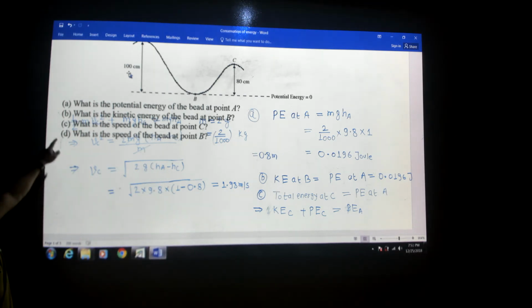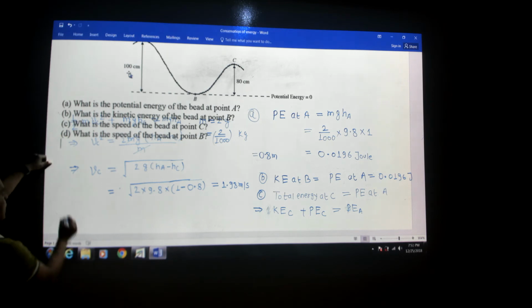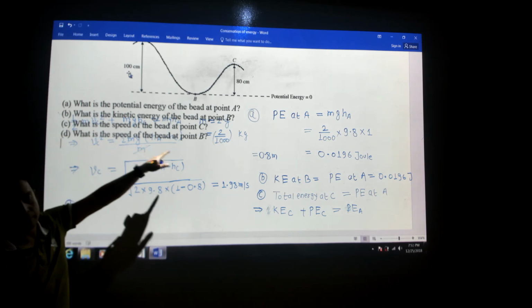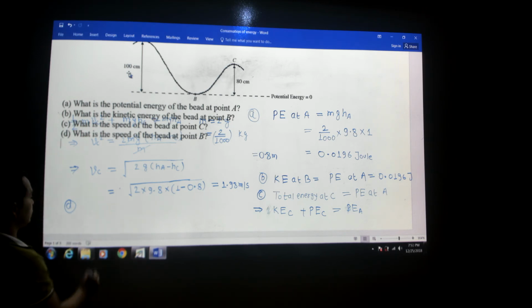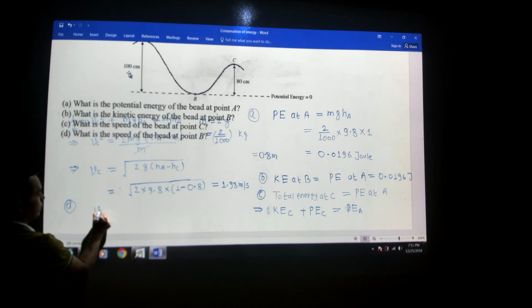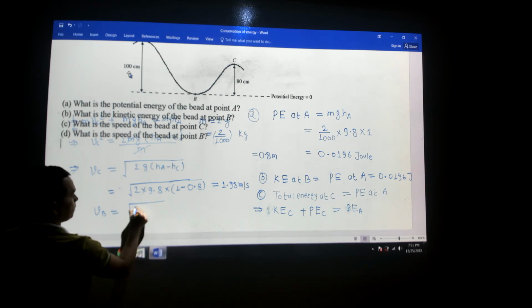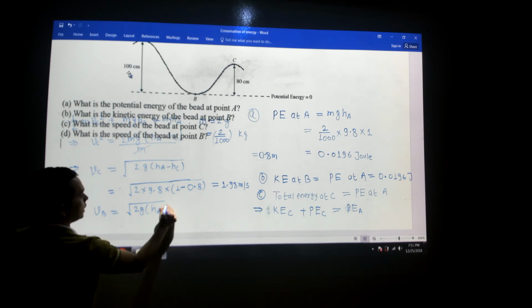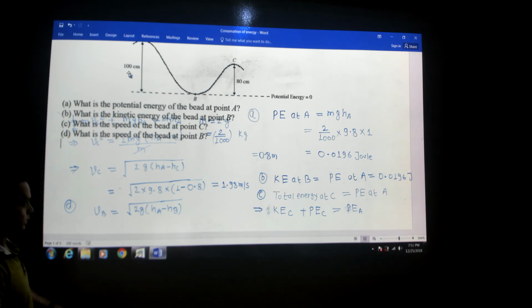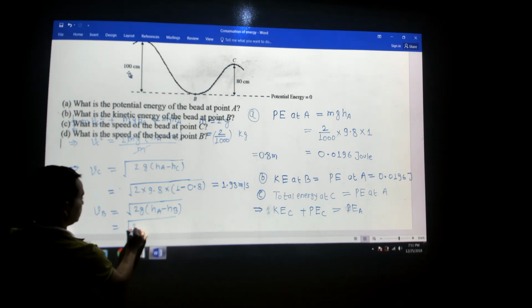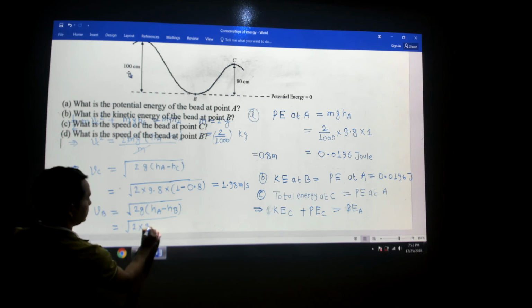Okay, the last part it is asking you is to calculate B. What is the speed of the bead at point B? I'm just going to use the same formula here. This time, this would be 2g times HA minus HB. Two times 9.8.